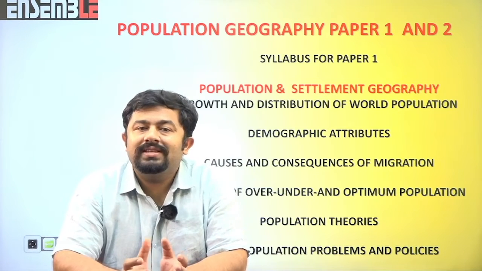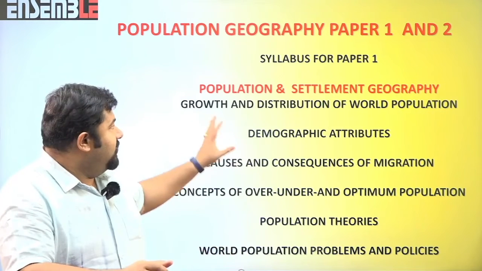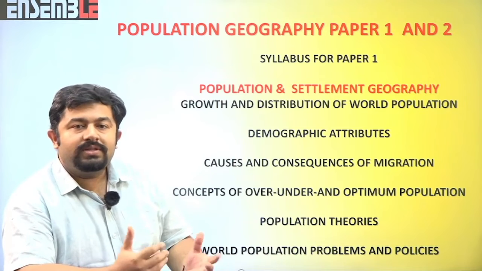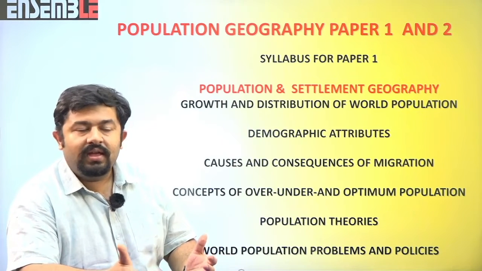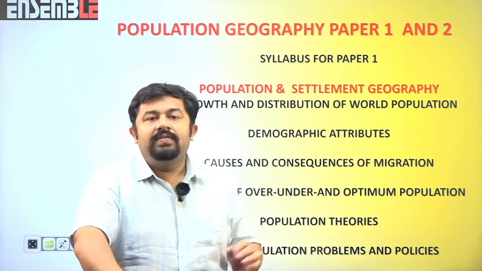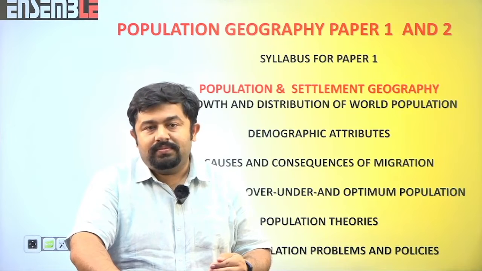So what is UPSC trying to tell us? It is trying to say the growth and distribution of world population. You must know which are the places which are having a high growth, which are the places which are having a high population density, which are the places where there is a change in population density.